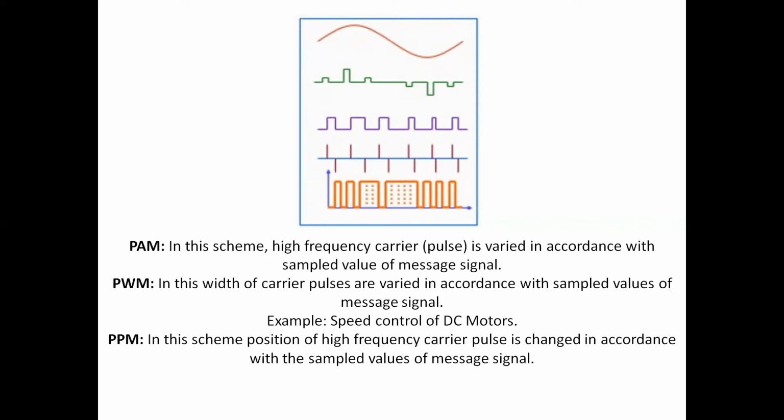Any physical quantity, when converted into its electrical equivalent, needs to vary, and this variation, more often than not, is done in the form of the width of the pulse that is being generated. Third example is pulse position modulation. In this scheme, the position of the high frequency carrier pulse is changed in accordance with the sampled value of the message signal, that you can see as the fourth graph on your screen.